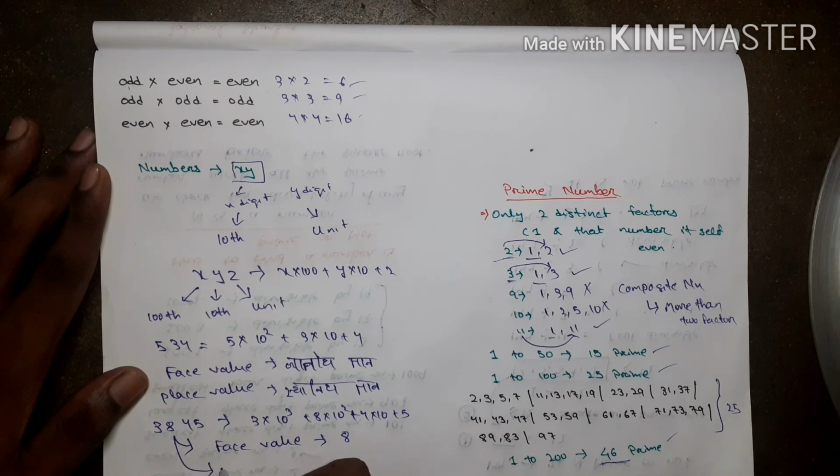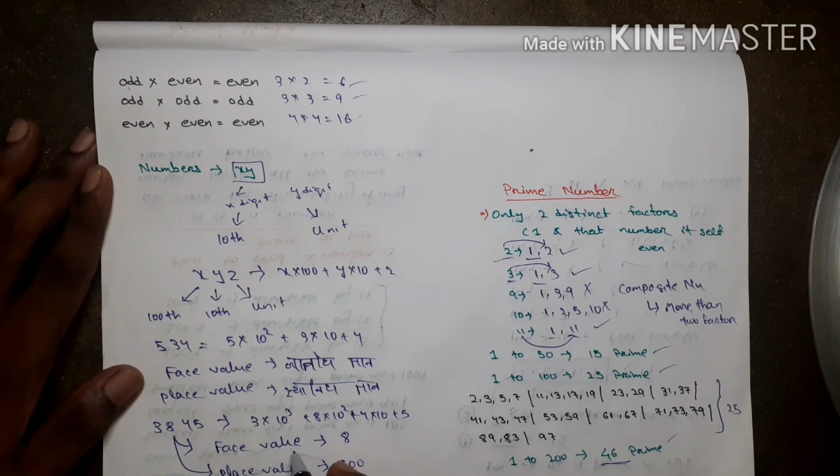But place value means 800. Face value means the original value of the digit. Place value means at which position it is placed, according to its position, what is its value?